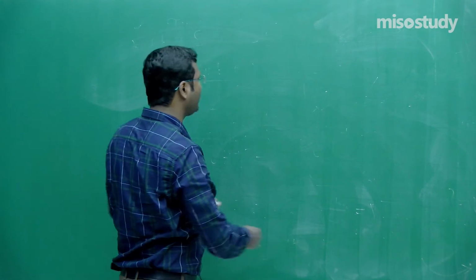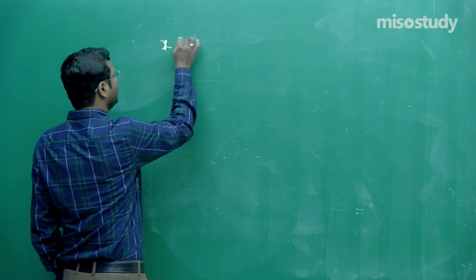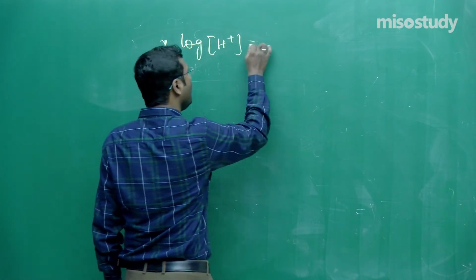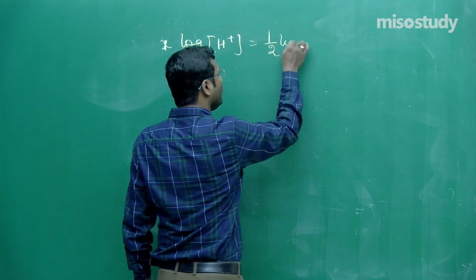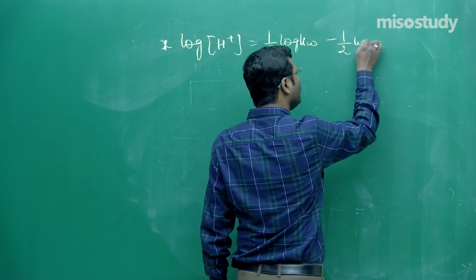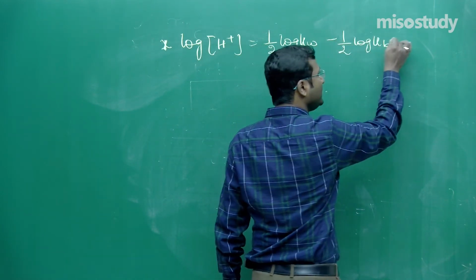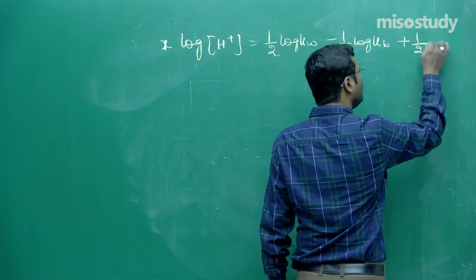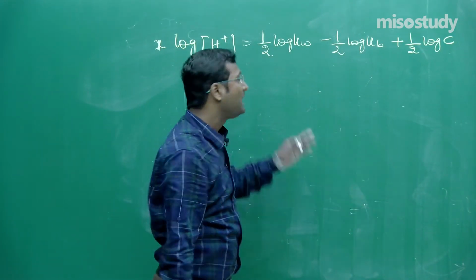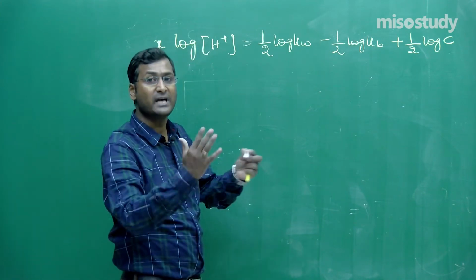The expression is log H plus is equal to 1 by 2 log Kw minus 1 by 2 log Kb plus 1 by 2 log C. It's very simple. Now take negative sign on both sides.